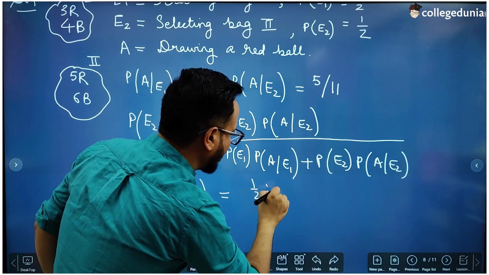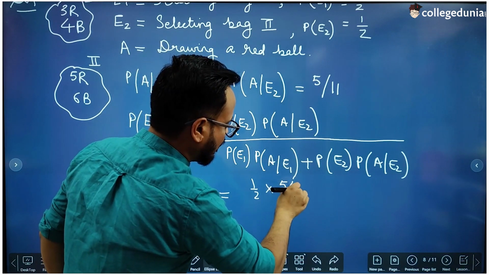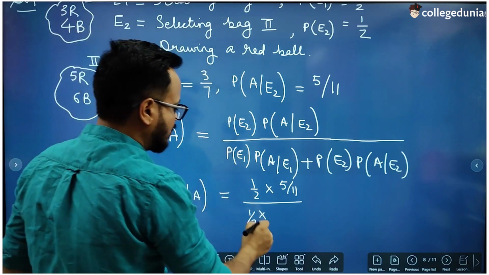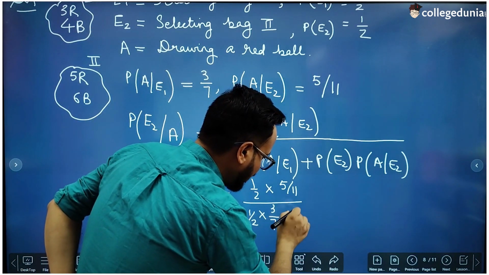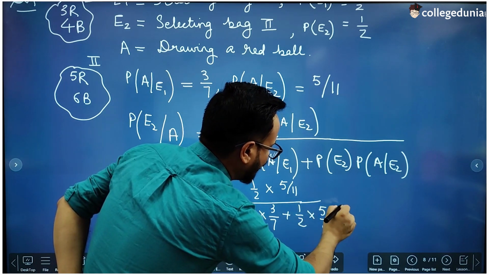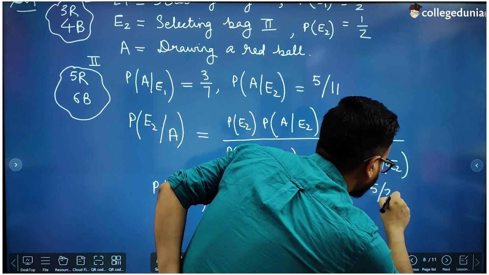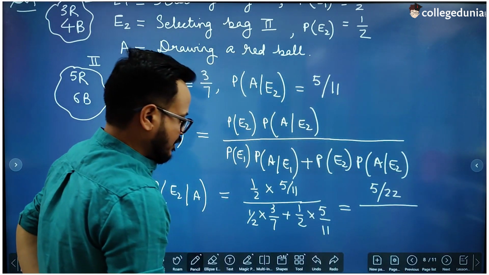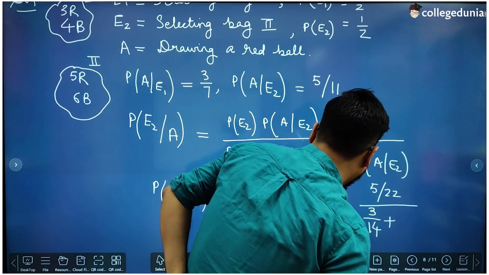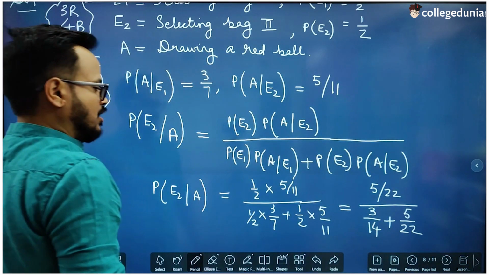P(E2) is 1 by 2 and this is 5 by 11, divided by P(E1), again 1 by 2, and this is 3 by 7, plus 1 by 2 into 5 by 11. So 5 by 22 divided by 3 by 14 plus 5 by 22.